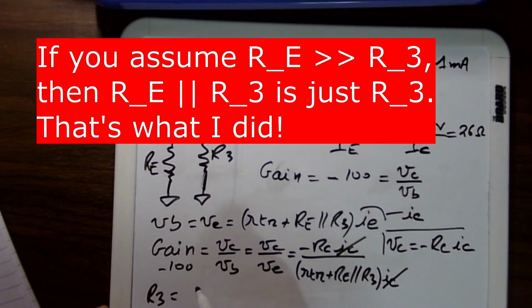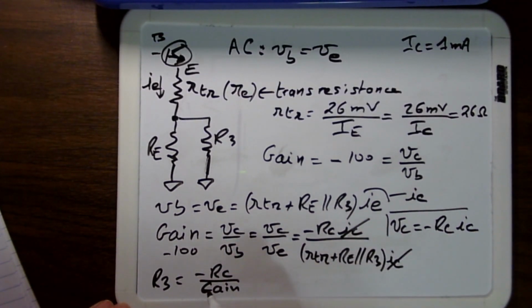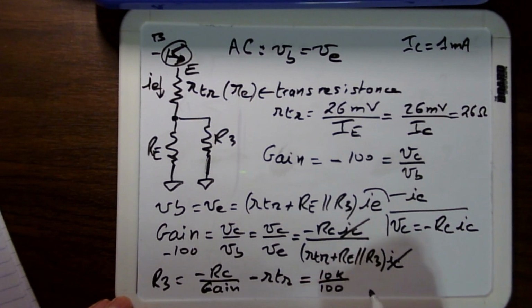R3 is equal to minus RC divided by the gain, minus RTR. So it gives us 10K divided by 100 minus 26.